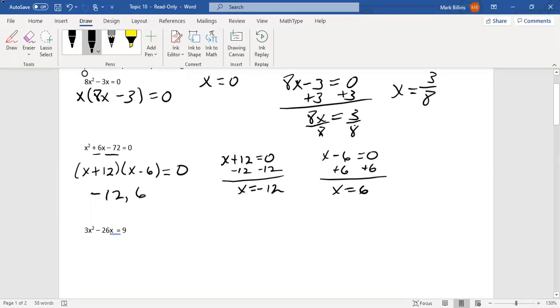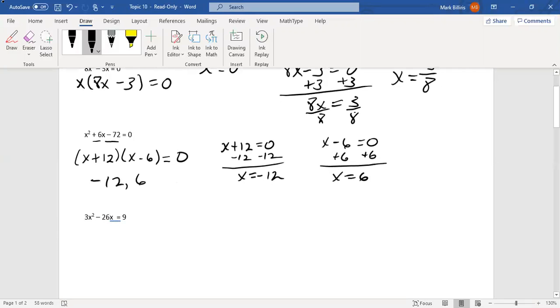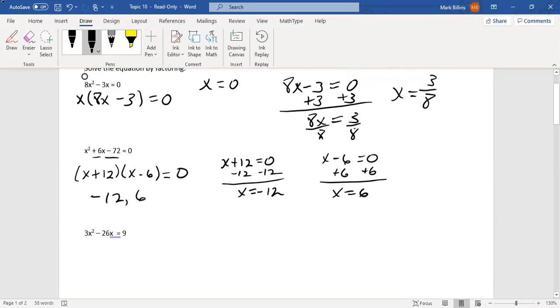Our next problem, we have 3x squared minus 26x equals 9. The first thing that we need to do is set the equation equal to 0. So we need to move the 9 from the right-hand side to the left-hand side by taking the opposite. Once we have the equation set to 0, now we factor.